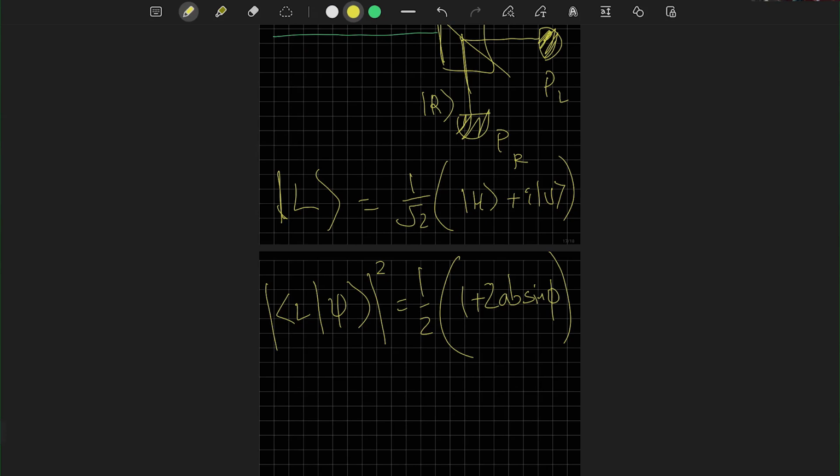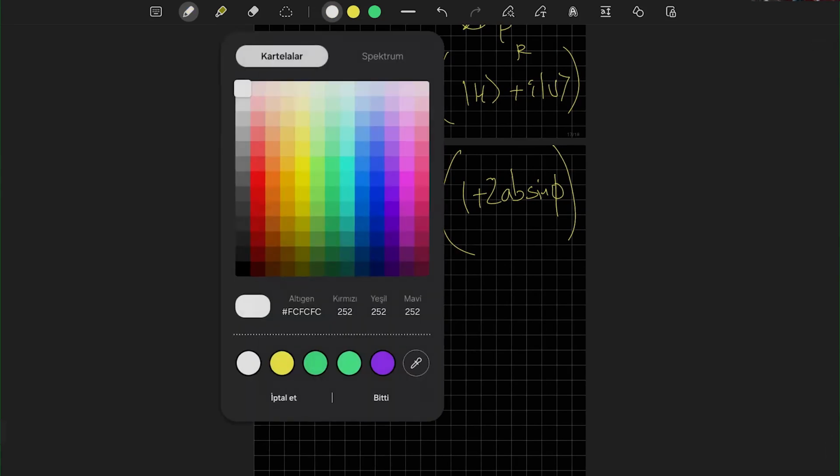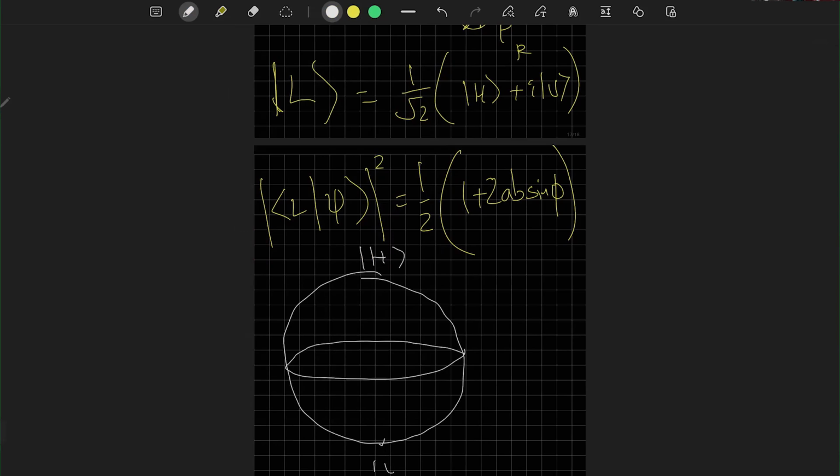Now, what am I effectively doing? If I look at this from a geometrical perspective, at the Bloch sphere here, at H, at V. My state lies somewhere. I don't know what the state is.